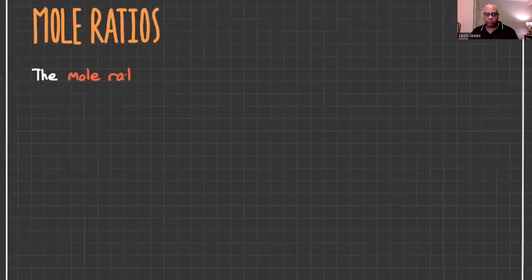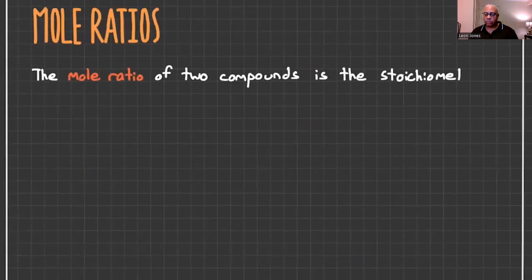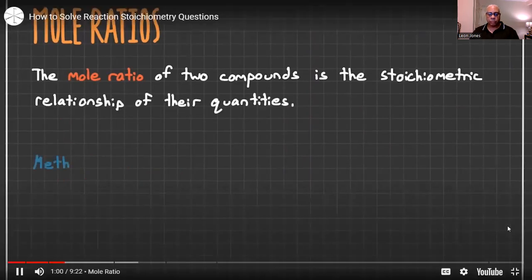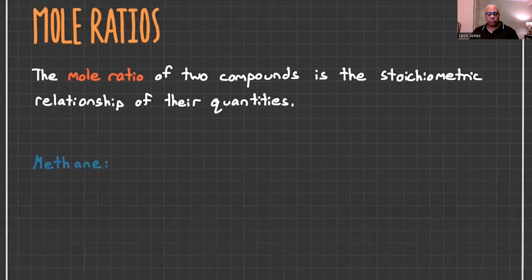A key concept in reaction stoichiometry is the idea of a mole ratio, which, for two compounds, is the stoichiometric relationship of their quantities. To identify the mole ratio of two separate atoms or molecules, take a look at their relationship. For instance, in this molecule of methane, or CH4, there are 4 hydrogen atoms and 1 carbon atom.